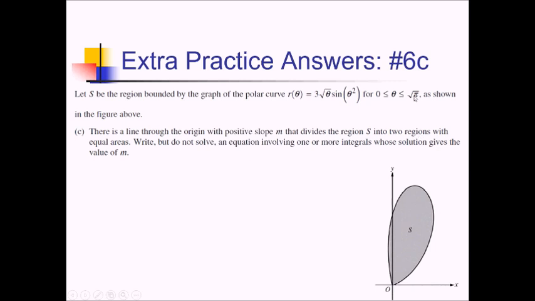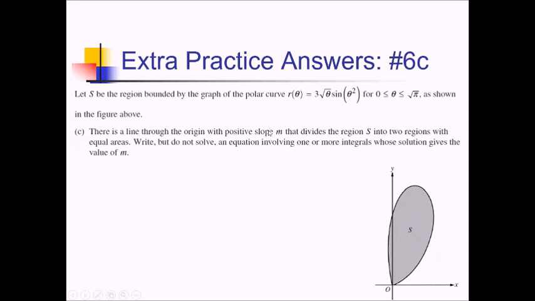We can't do that anymore on this problem because we have this m chopping this thing into 2 halves. So I'm going to have 2 separate integrals. One is going from 0 to whatever the angle is that the line is going through, and then one is going to go from that mystery angle all the way to radical pi. So I have to figure out my angle that is separating one integral from the other.